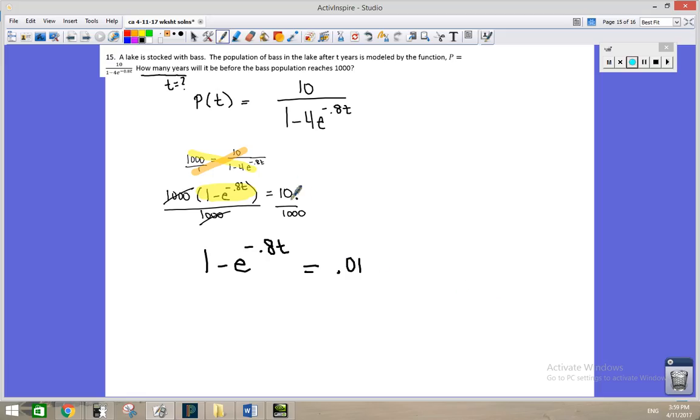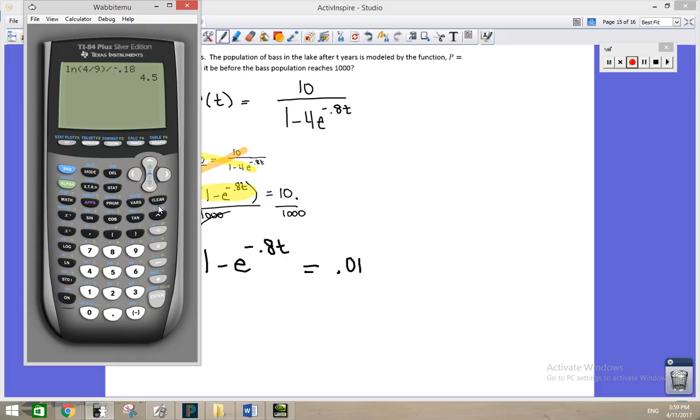The decimal moves 3 places: 1, 2, 3. You can double check me.